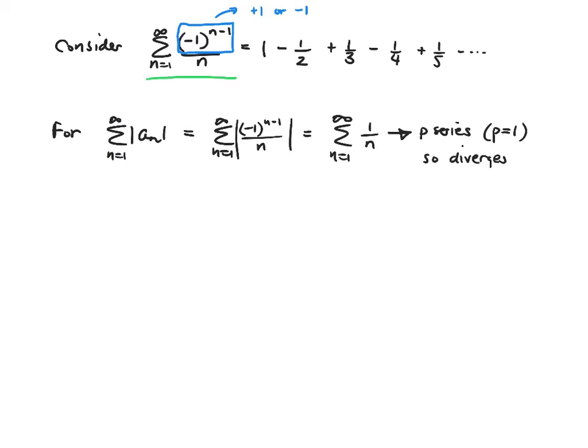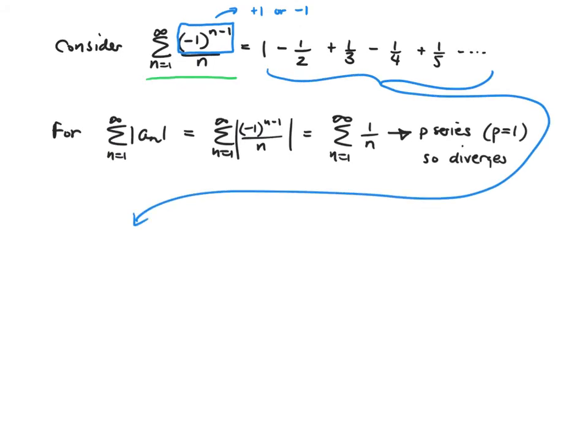Now, I'm going to take these terms here, pull you down, and even though when I take the absolute value the series diverges, I'm looking at these terms and I say, well, hey, there's still probably a chance that this thing might converge for me because, again, this principle of all the positive terms here, 1 and a third and a fifth, balancing out with the negative half, negative a quarter, negative 1/6, and so on.